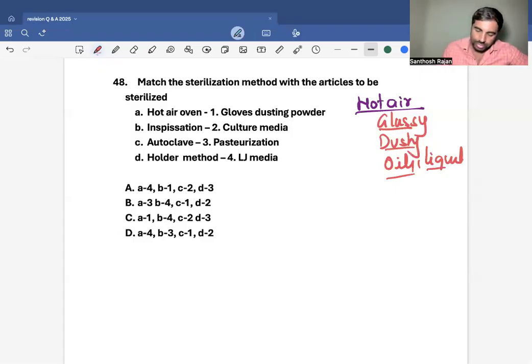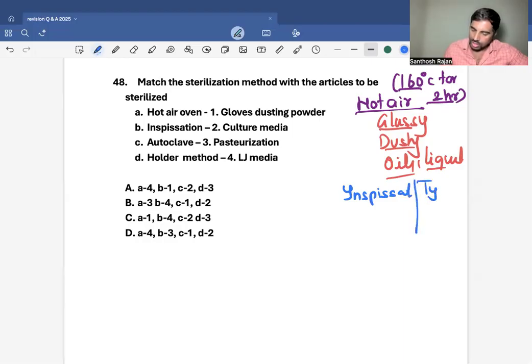In the hot air oven, you know the temperature, 160 degrees Celsius for 1 to 2 hours. So basically we stick with 2 hours, 160 degrees. Inspissation and tyndallization. Tyndallization, remember it as tin, 10.